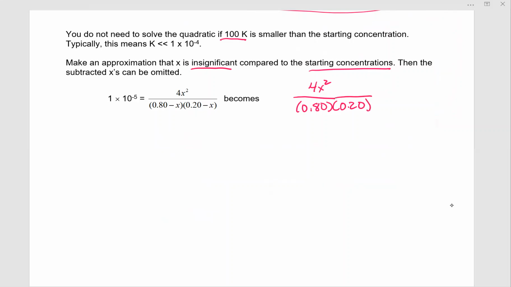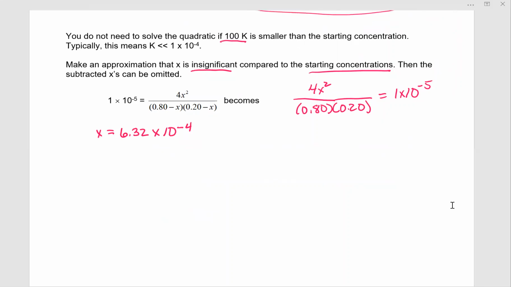Oh, that looks very doable. So now we solve for x and we get x equals 6.32 times 10 to the negative fourth. Oh, yay, we solved for x, but remember, we are not done.